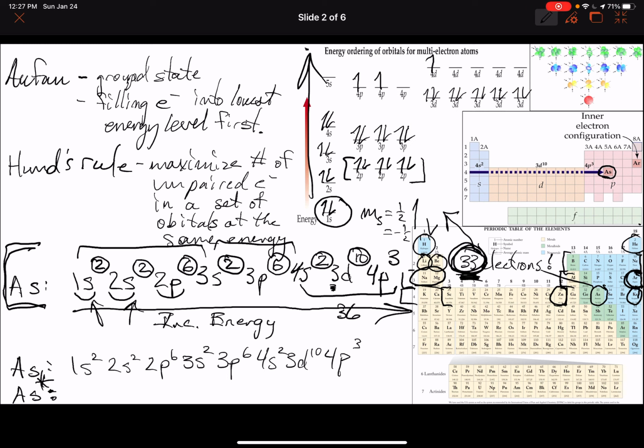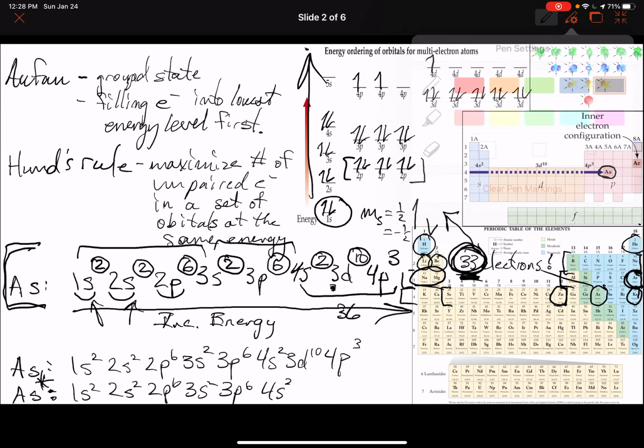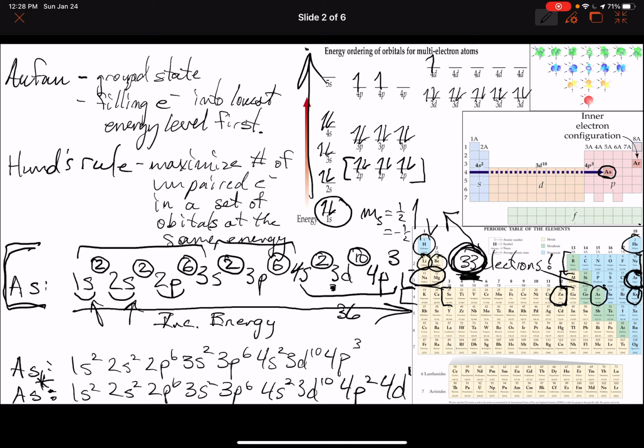So in this case, everything you see there is the same up until those last levels, 3d10, 4p2 this time, and we're now showing that a 4d has a single electron.